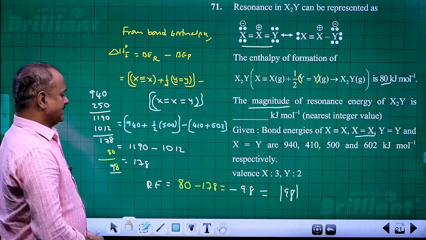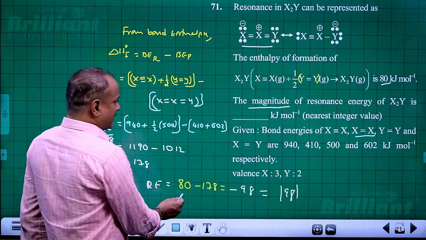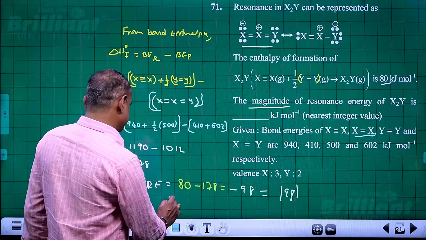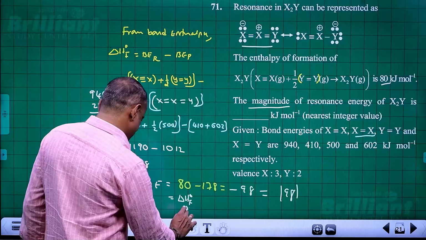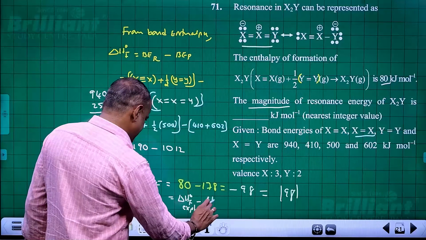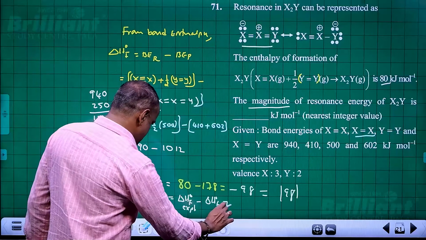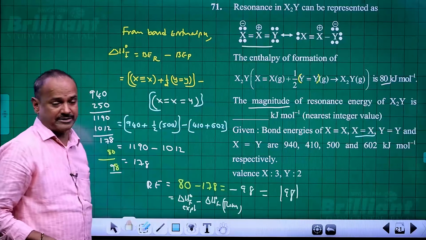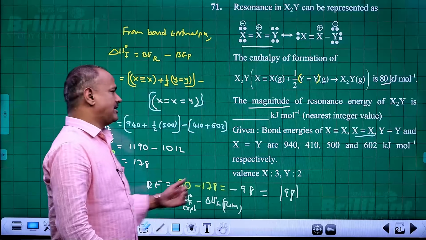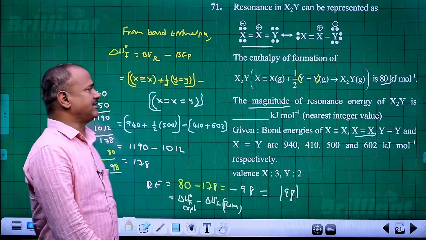That means we can take this formula as experimental minus theoretical: delta H naught f experimental minus delta H naught f theoretical. But if we don't know this formula, the value must be negative only. That is important, because negative means energy liberation, and stability increases because of the resonance effect.